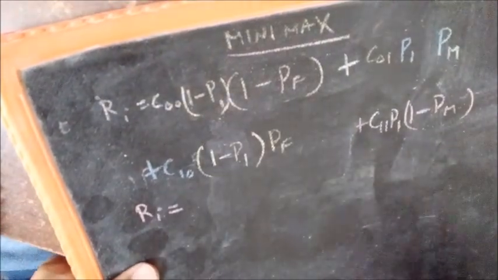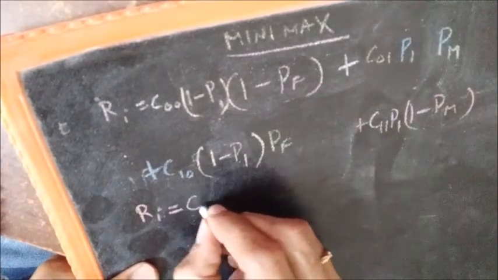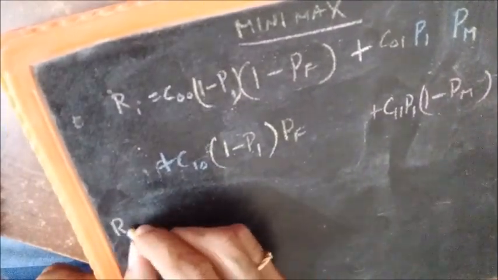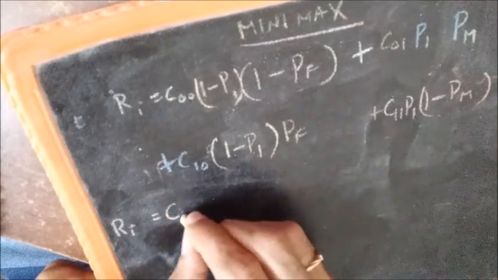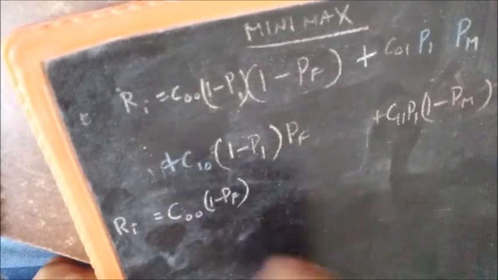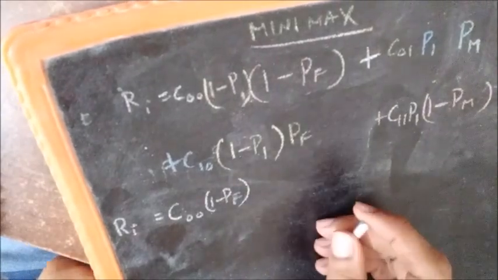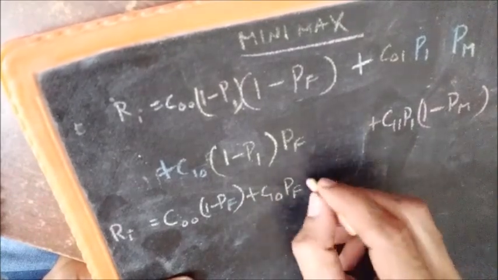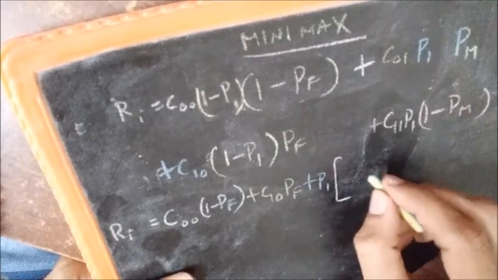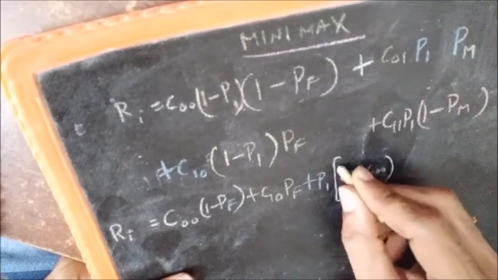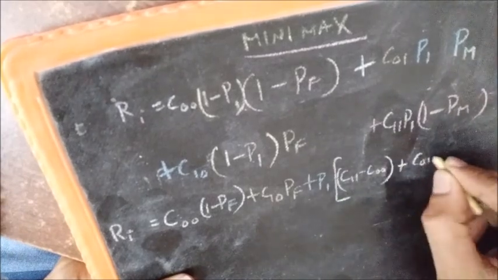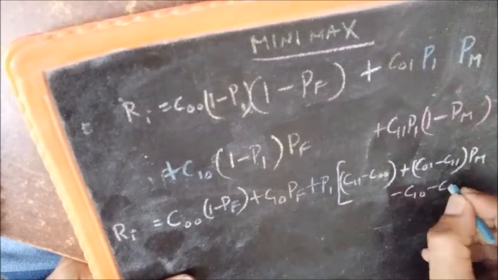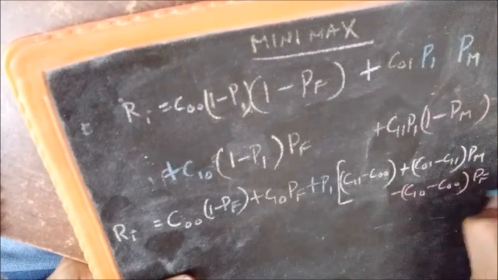You can rewrite this as: risk is equal to C00 (1 minus PF) plus C10 PF plus P1 times [(C11 minus C00) plus (C01 minus C11) PM minus (C10 minus C00) PF].